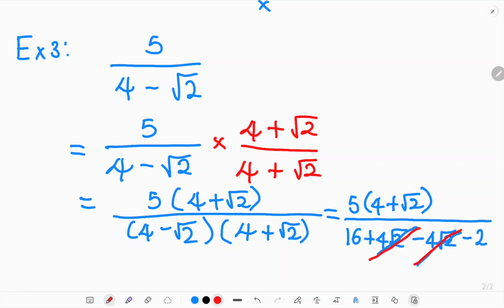Let's just cancel like that. Then the final answer for this problem just becomes 5 times 4 plus root of 2 over, what is 16 minus 2? 16 minus 2 is just 14. So you could leave it like this. This will be your final answer.